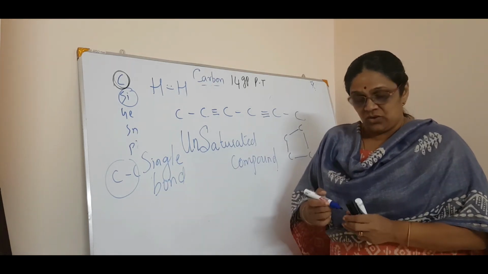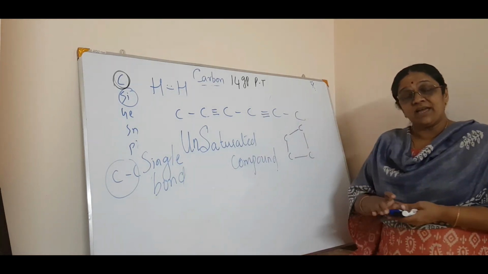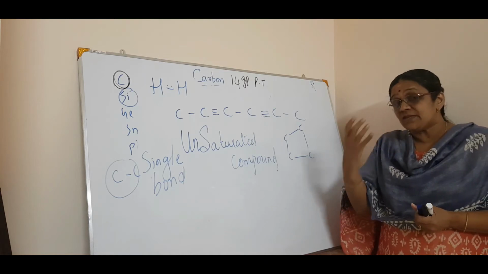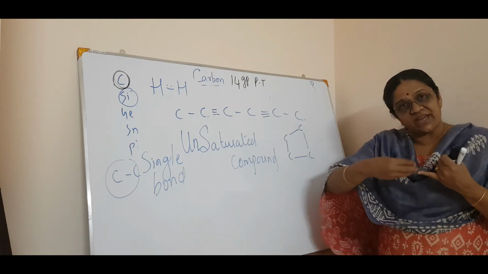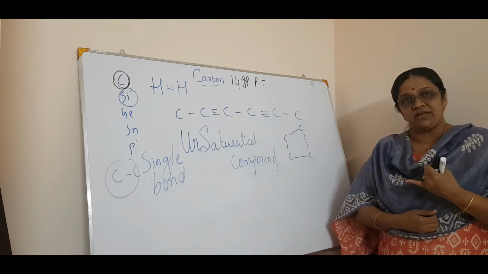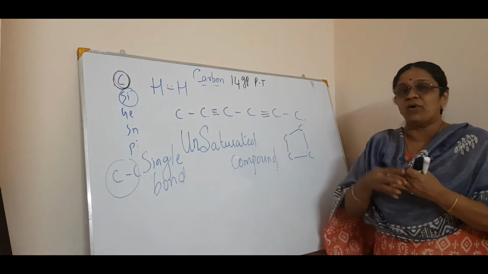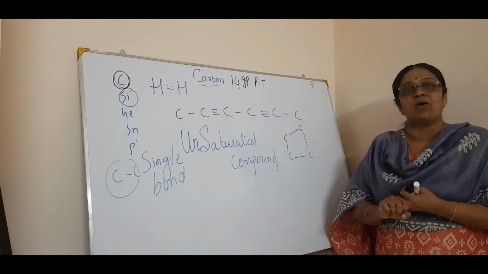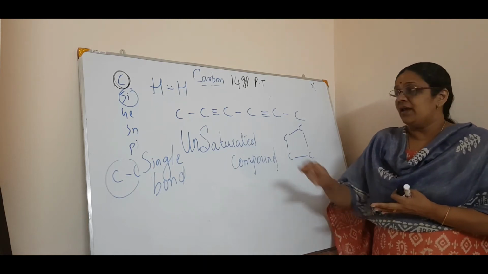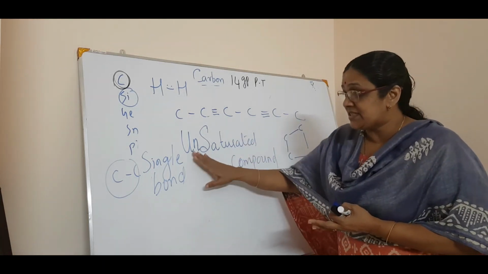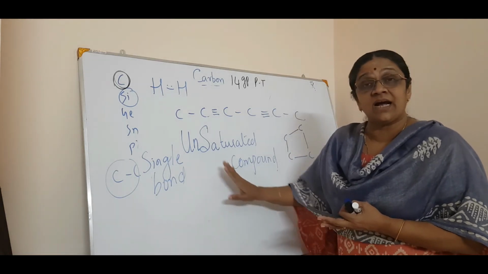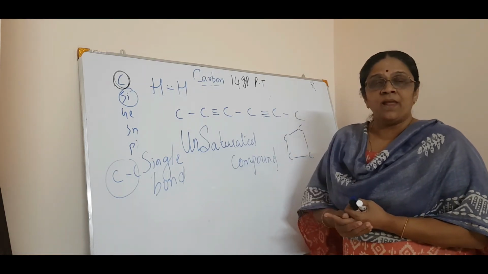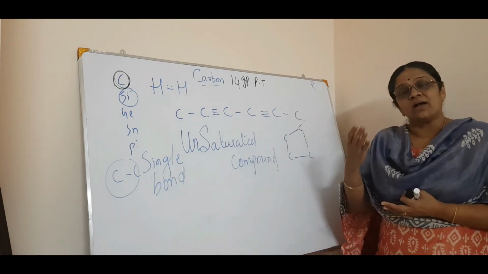See? So, you have studied carbon can form how many types of compounds? One is a straight chain compound, open chain. Branched chain compounds, that's also open. Then closed compounds or cyclic compounds, isn't it? Then again classification as saturated compound and unsaturated compound. Now what is saturated compound?